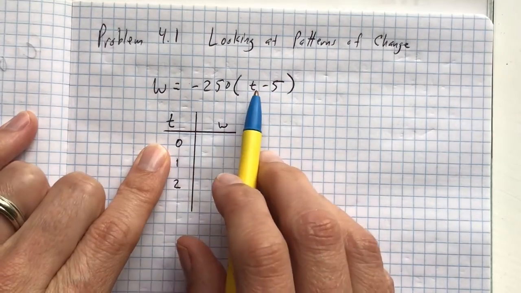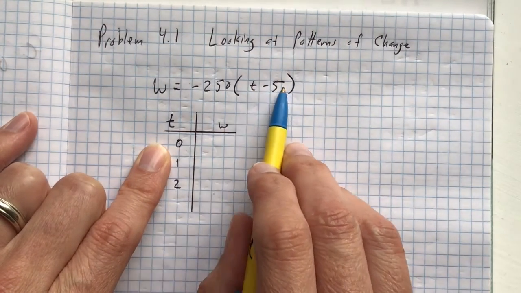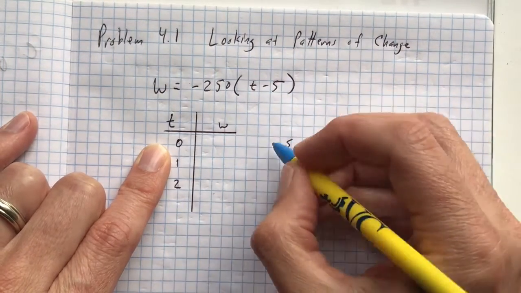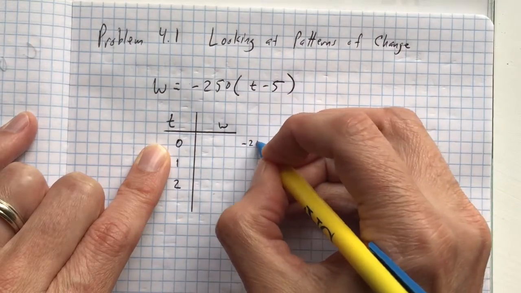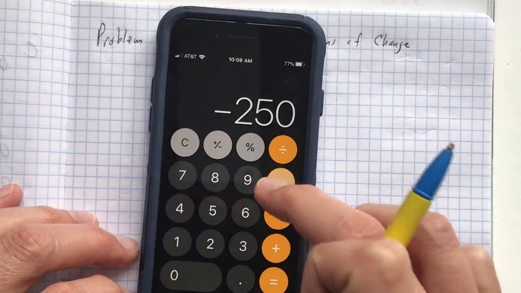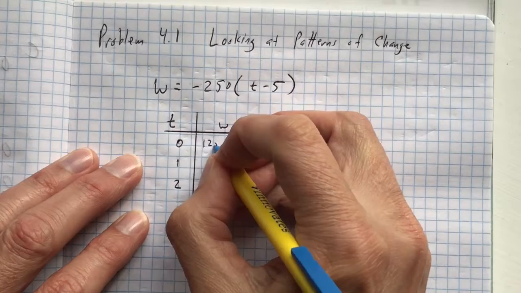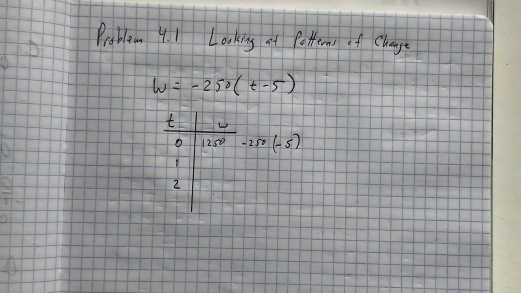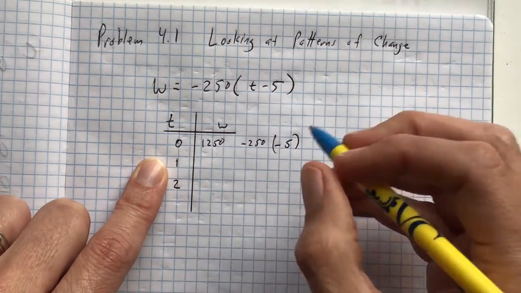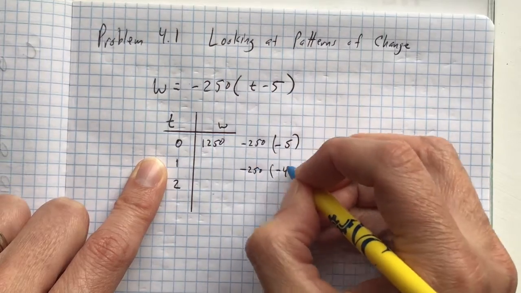If I put in 0 for T, that ends up being 0 minus 5, which is negative 5. All that still needs to be multiplied times negative 250. Negative 250 times negative 5, I get 1,250. Okay, interesting. I'm going to plug in 1 this time. 1 minus 5 gives me negative 4, and again times negative 250.